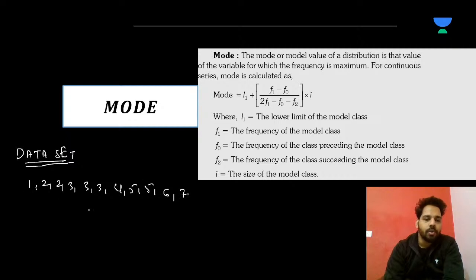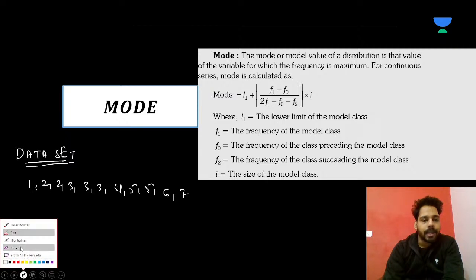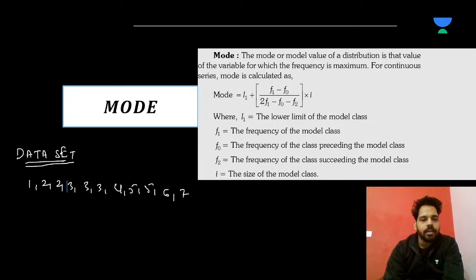If I ask you what is the mode of this data, you can see that 3 is occurring the maximum number of times. 2 is occurring 2 times, 5 is occurring 2 times, but 3 is occurring 3 times. That means the mode of the data will be 3. Like this we can find it for ungrouped data.